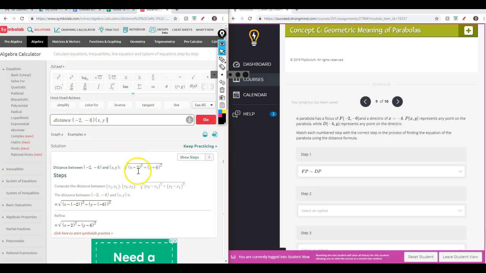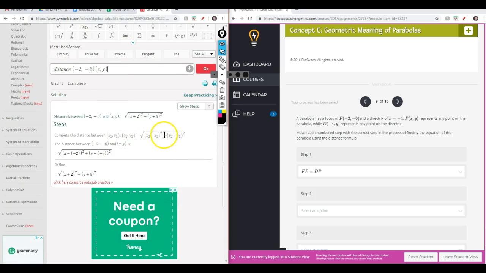This shows the distance equation, and -2 is x1, -6 is y1, x is x2, and y is y2, and that's how they end up with this. So FP, the distance of FP, is equal to that.